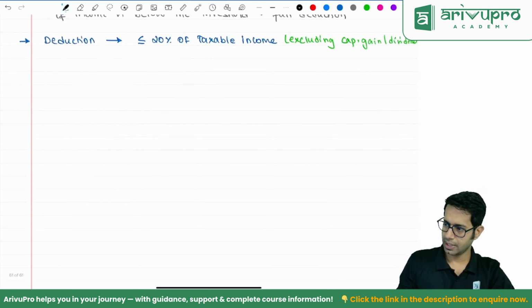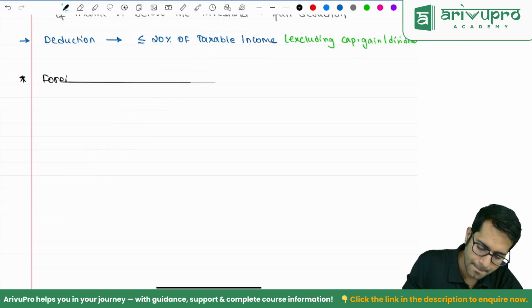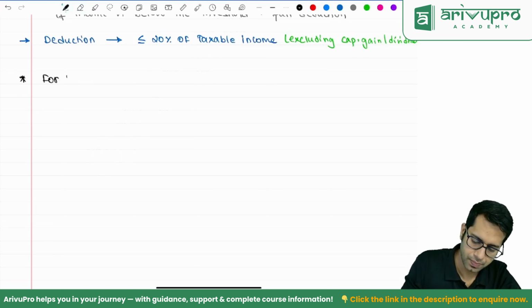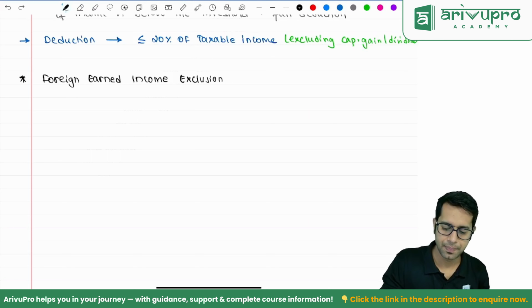Then the next point which we have is called foreign earned income exclusion. Now, what is this foreign earned income exclusion, sir?